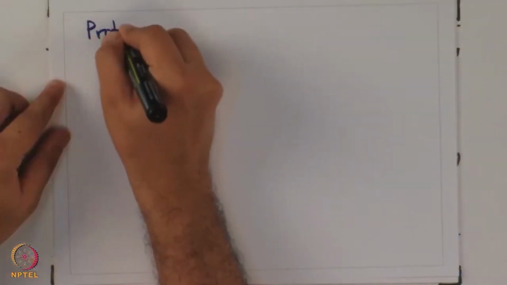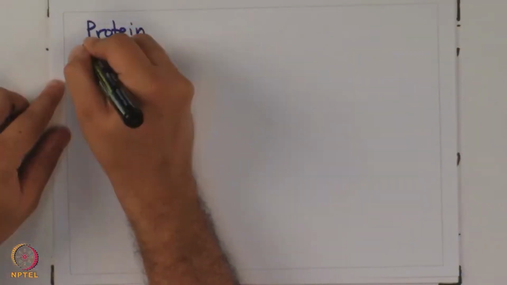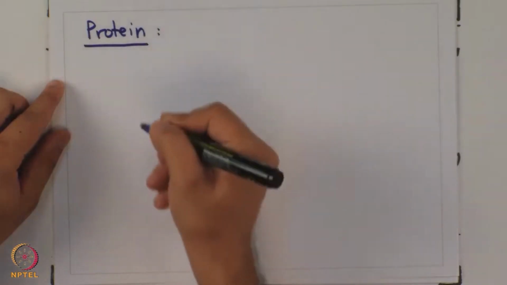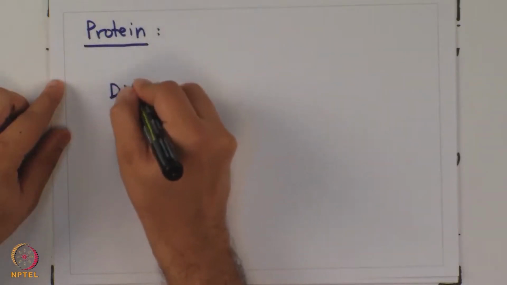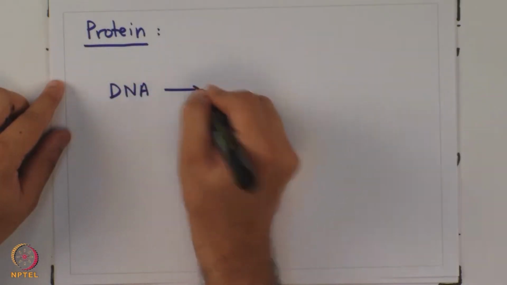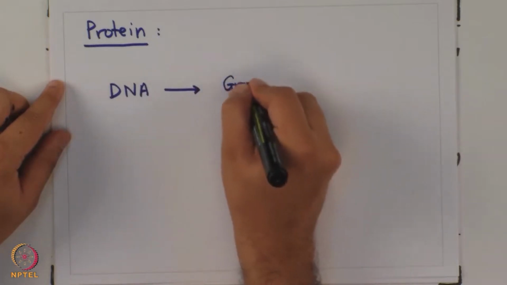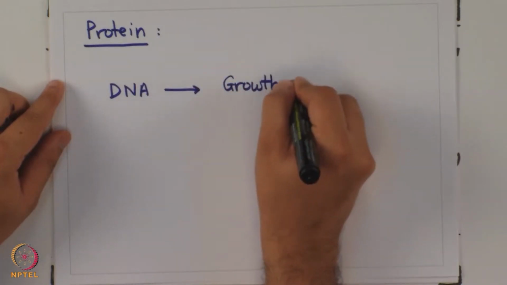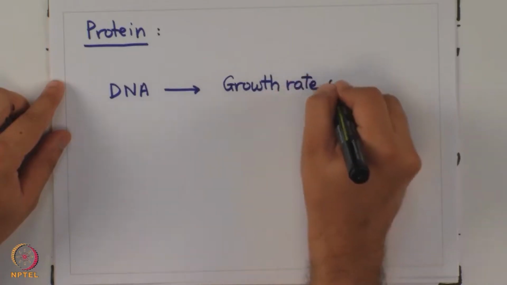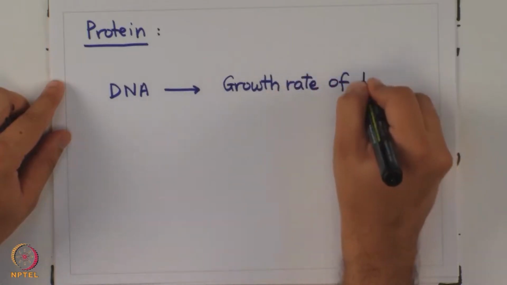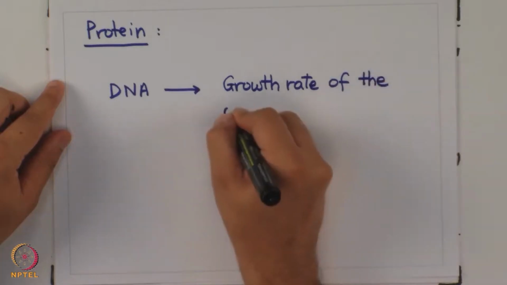So what happens? How do these DNA results that we have talked about so far carry forward to protein landscapes? First of all, a question you should ask is that when we were talking of DNA, the fitness landscape corresponded to the growth rate of the organism.